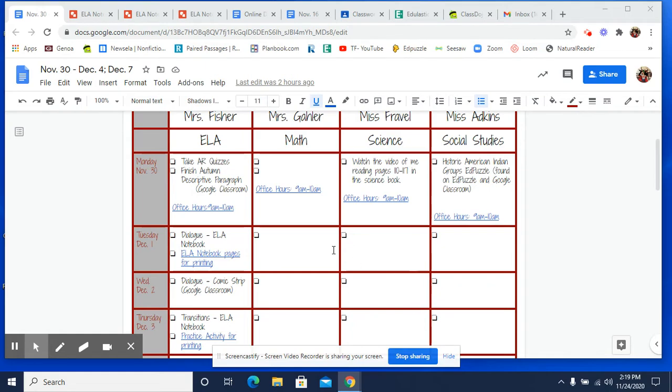If you go to your week at a glance, and you see on Tuesday it says dialogue, this is where I will be attaching the video that I'm creating right now. If you notice already, the pages that we will be completing to put in your ELA notebook are already attached.